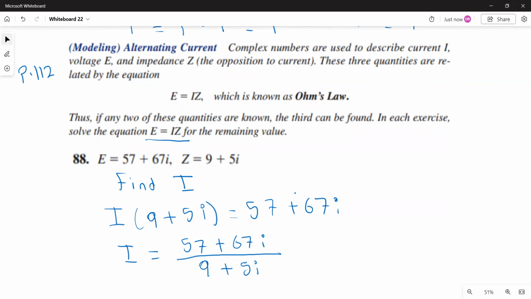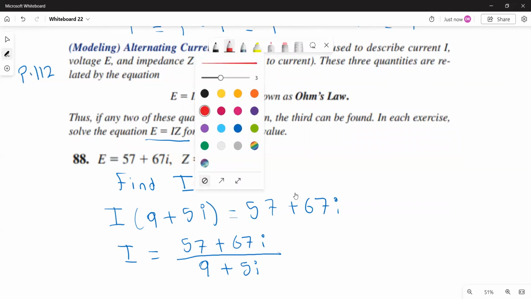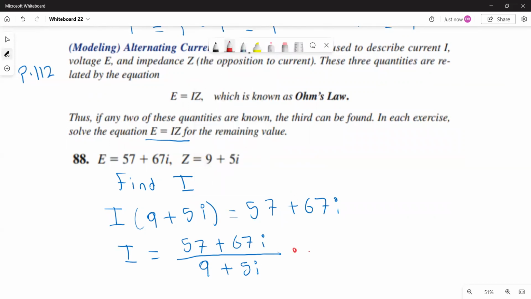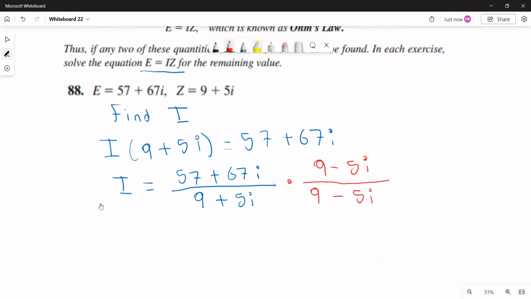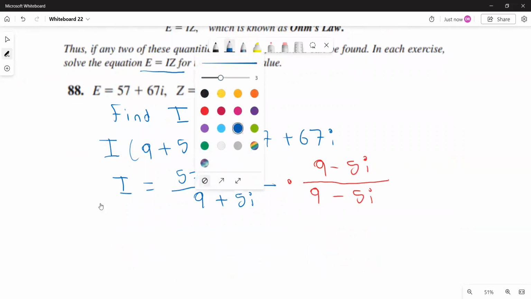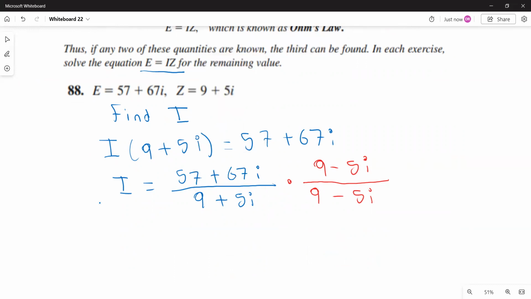We can do that by multiplying by the conjugate of the denominator. Multiply top and bottom by the conjugate of the denominator. The denominator is going to be 9 squared plus 5 squared. The numerator is going to be what?